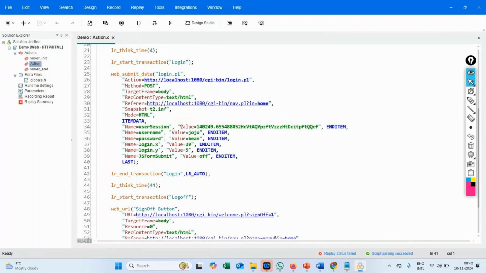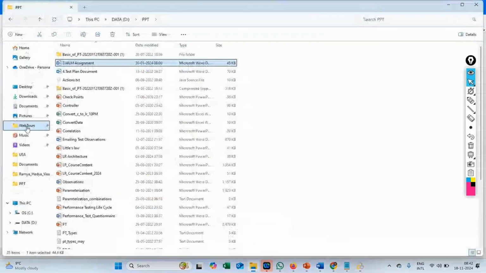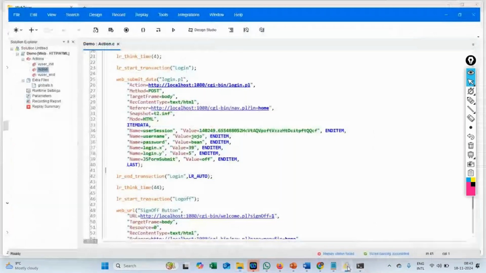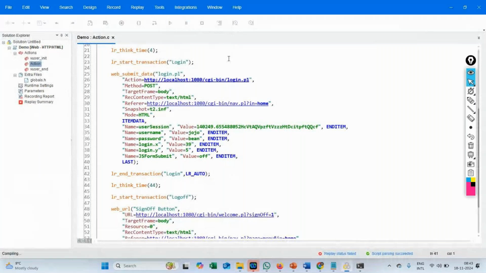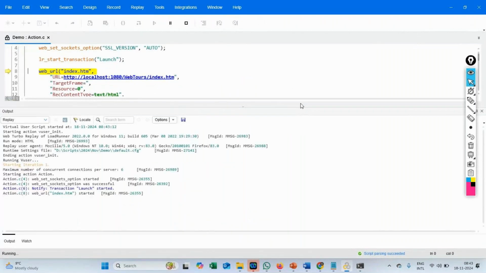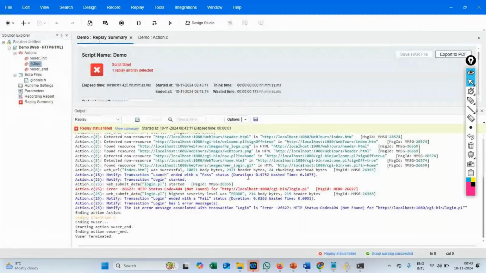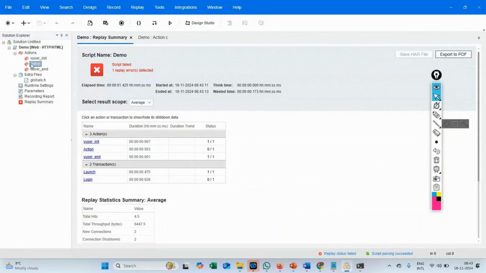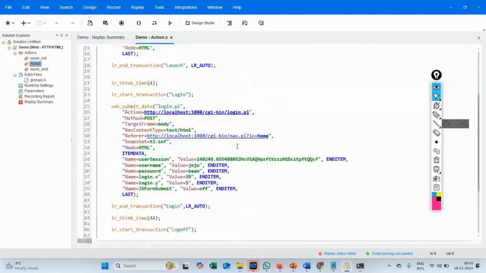Now when I run this script, I'm just replaying whatever we recorded. One second. On that day we changed something with respect to this script, and I don't remember what we changed.